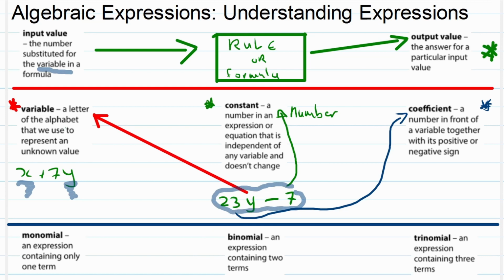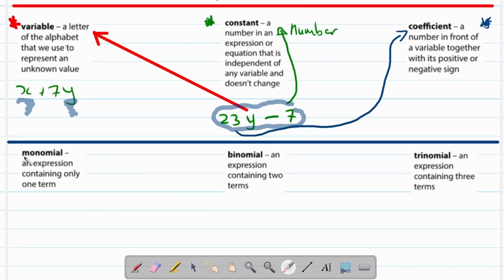Okay. Then lastly, let's look at what a monomial, a binomial, and a trinomial is. Now, very easy to understand. Mono is a name called for one single term or one single unit. So the moment we say monomial, we are talking about an expression with only one term.